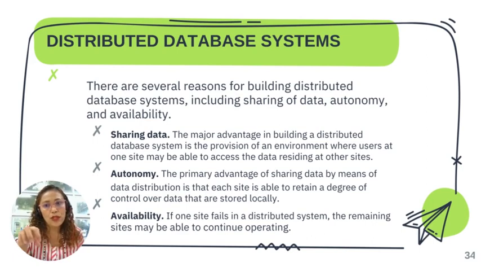Since you have multiple copies of the same database in different geographical locations, in case site one fails, users from site 1 can still access the same database located in other sites like site 2 or site 3. So downtime is minimal, if not prevented at all, because you have multiple copies of the database in different sites.